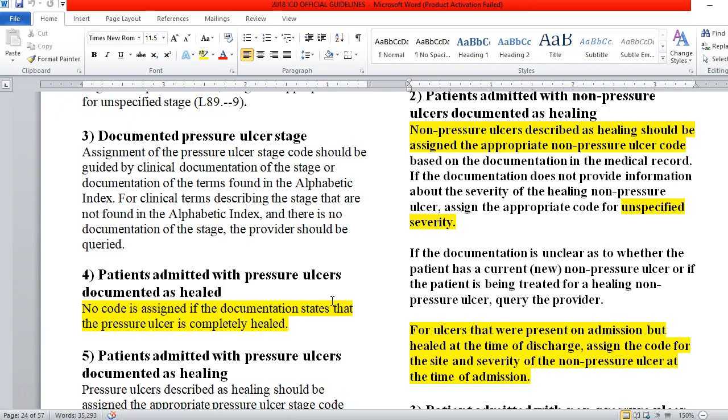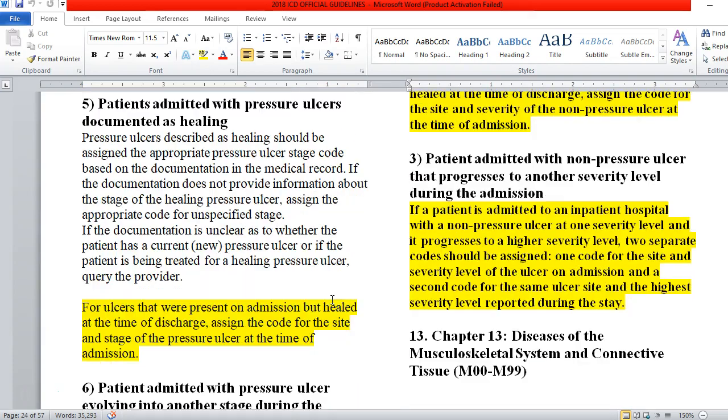Now, patient admitted with pressure ulcers documented as healed. No code is assigned if the documentation states that the pressure ulcer is completely healed. So once it's healed, we stop coding it. Patients admitted with pressure ulcers documented as healing.